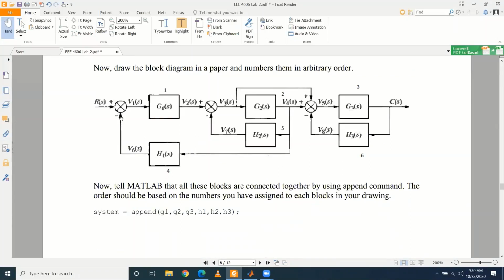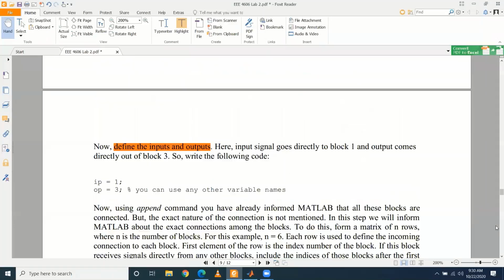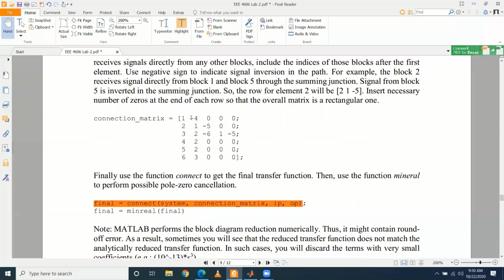And it's getting subtracted, isn't it? Yes, sir. So beside the row for block 1, you just write -4 to signify a negative signal that is coming from block 4. That's it. So we have done all the connections for block 1. And these zeros are placeholder zeros to make the matrix rectangular, right?